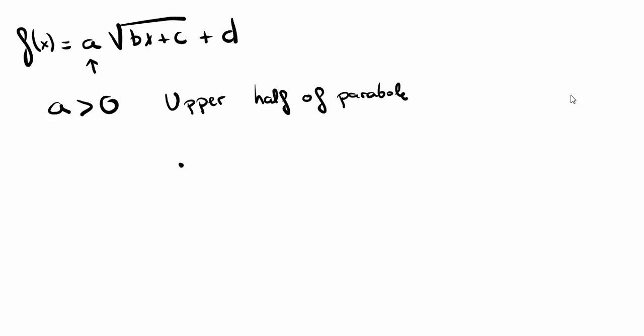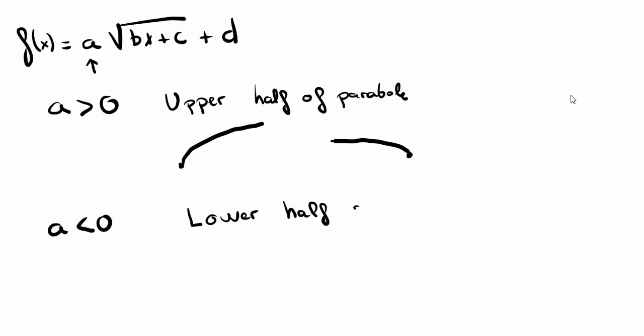So I mean from the vertex to this side or from the vertex to this side, according to the result I have in the domain. And if a is lower than 0, I have the lower half of the variable. So from the vertex to the right or from the vertex to the left.